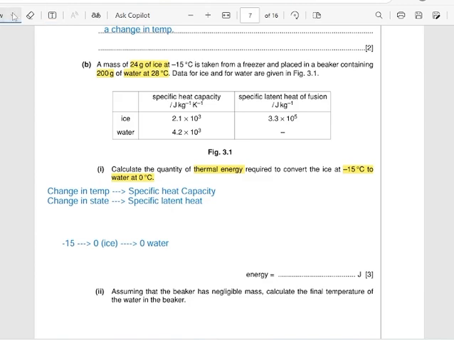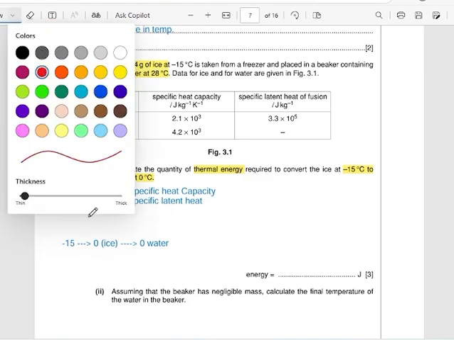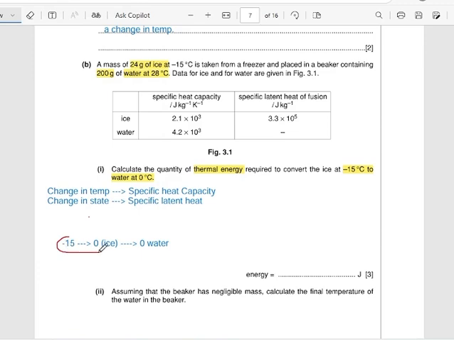In the first part, from minus 15 degree ice to 0 degree ice, there's a change in temperature, so we go for specific heat capacity, Q is equal to mc delta T. Then from 0 degree ice to 0 degree Celsius water, there is no change in temperature, but there is a change in state.